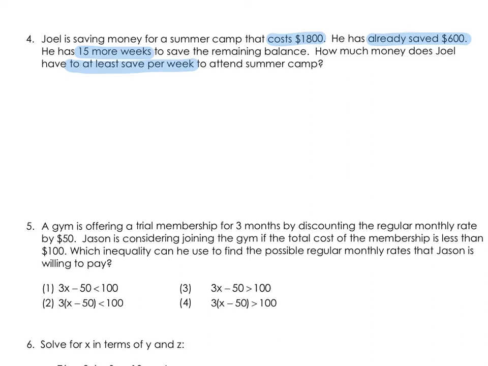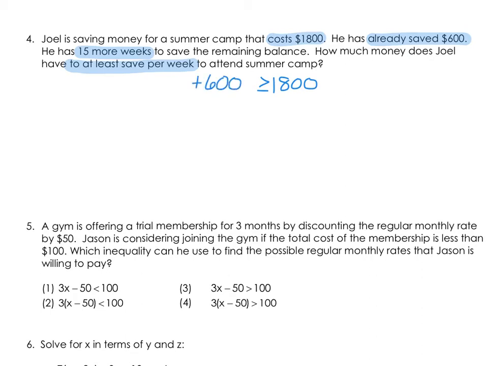Okay, so we know that the summer camp costs $1,800. And the amount of money that he needs to have needs to be more than or equal to the 1,800. So I'm going to write on the left-hand side what he's saving. He already saved $600, so that he already has, plus the 600.